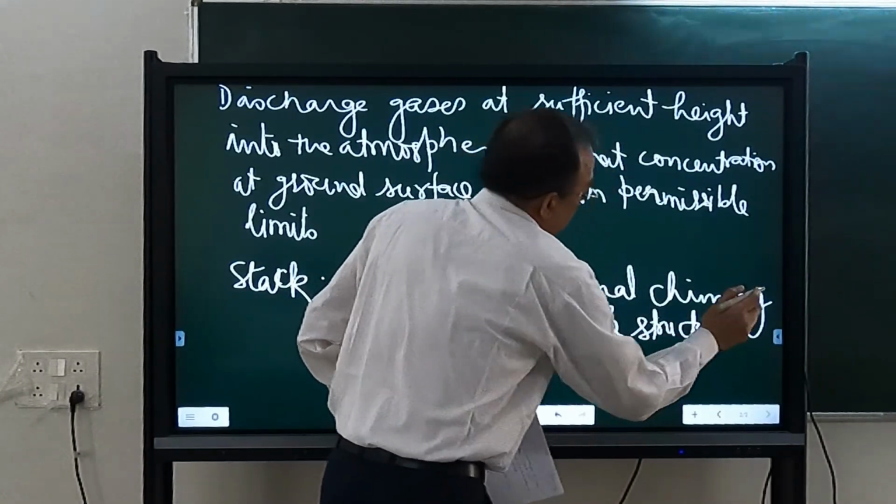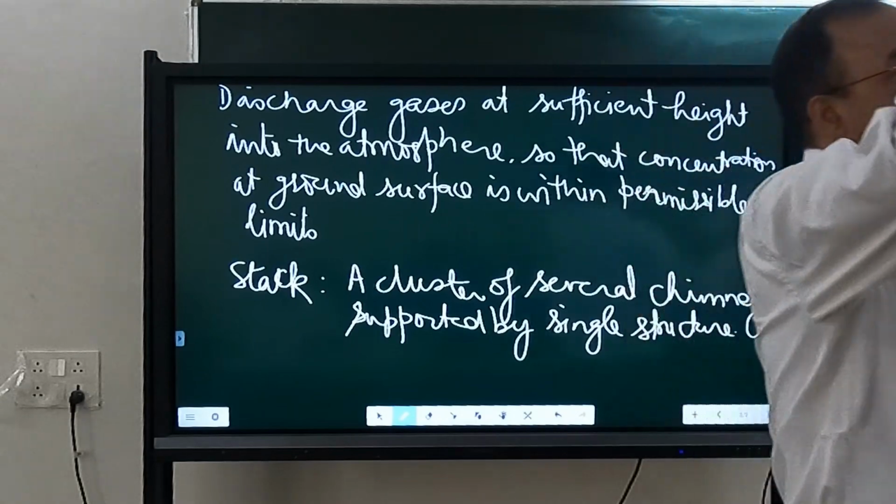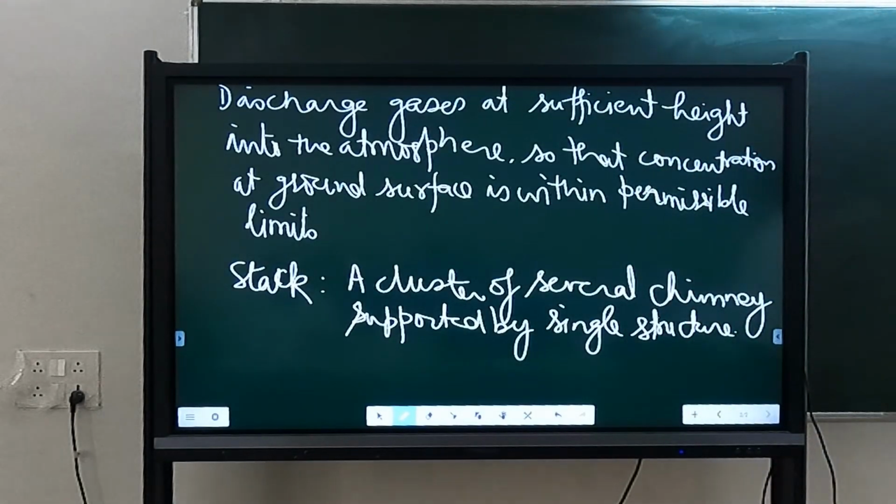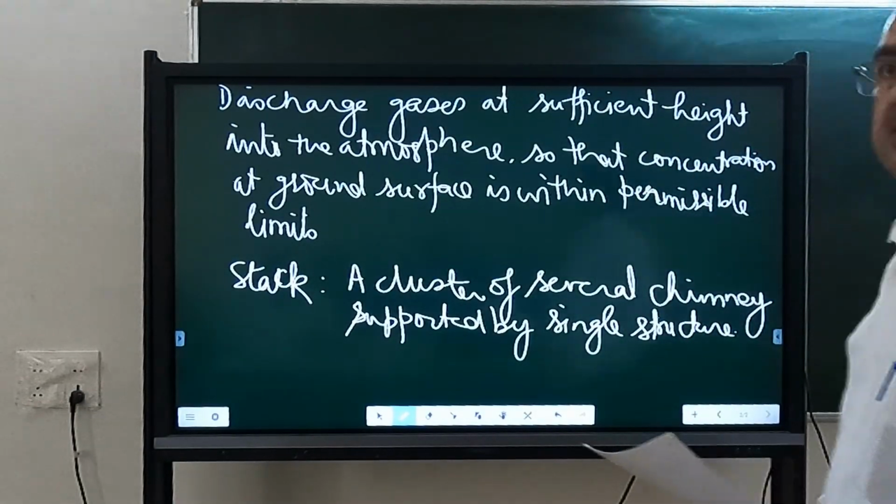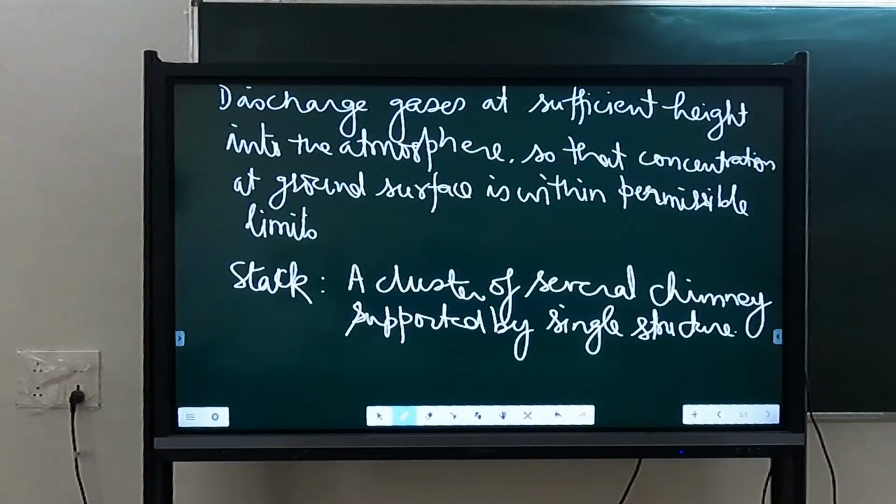So many times you will see that a number of chimneys are there, and those are supported by one truss-like structure, tower-like structure, vertically.